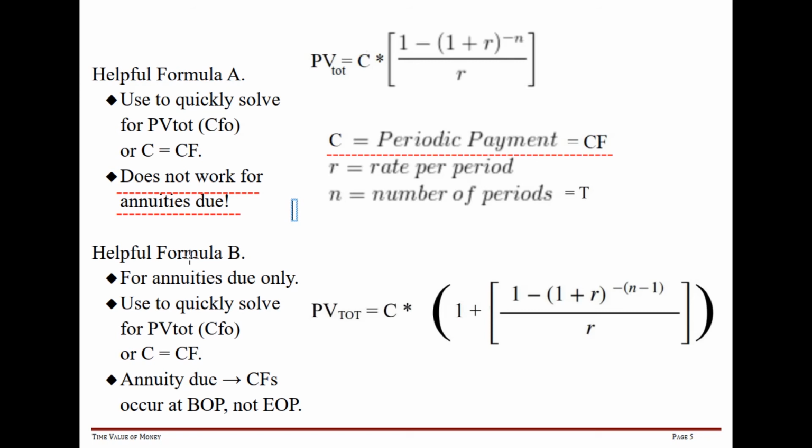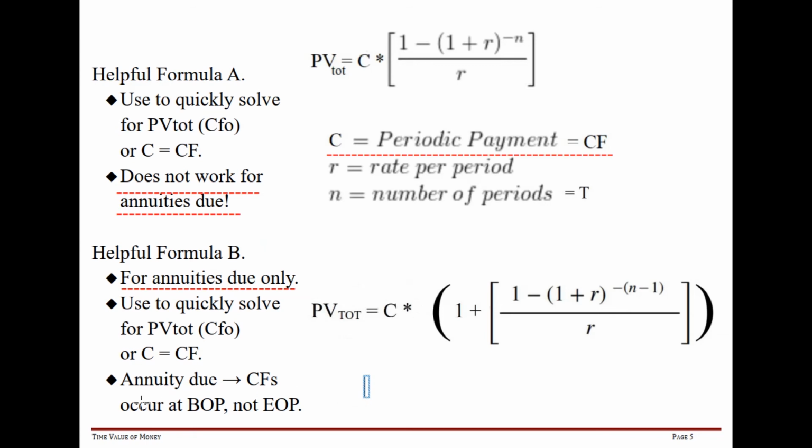But that leads us right into helpful formula B. This is for annuities due only, and it's helpful in exactly the same way that helpful formula A is. We want to use it to help us quickly solve for our uniform cash flow or our CF0 or our PV total.